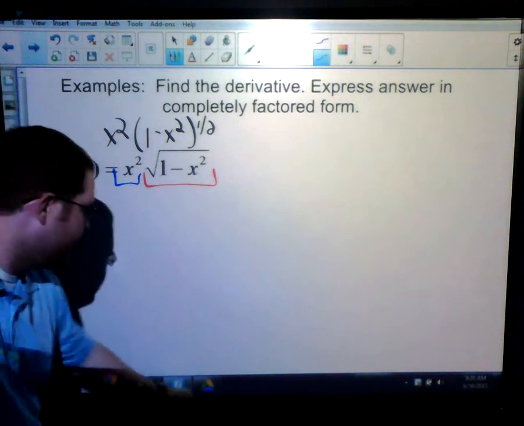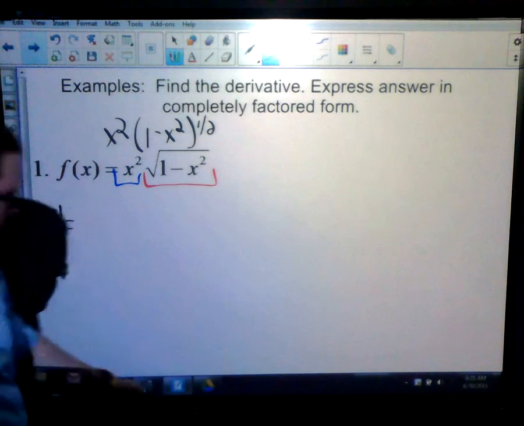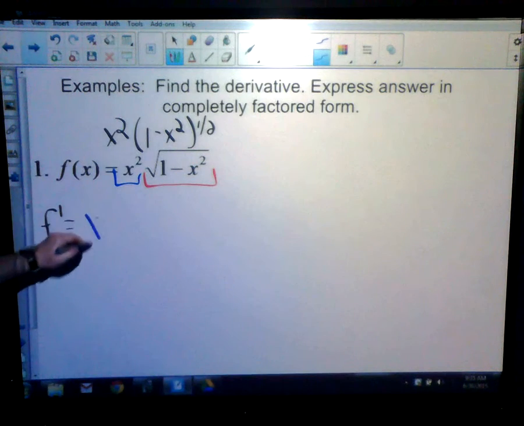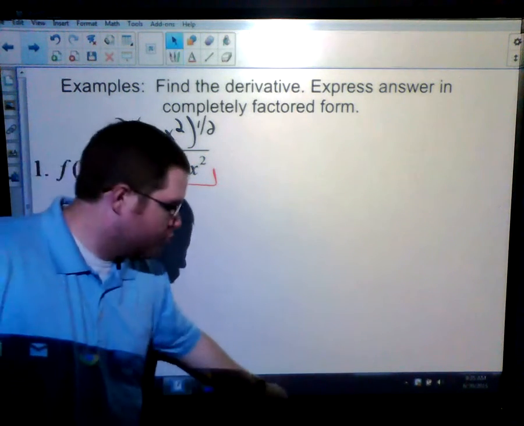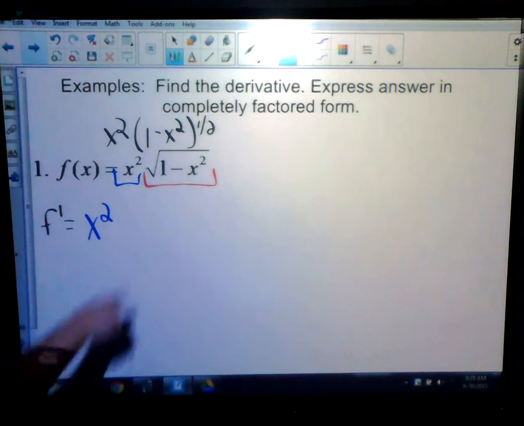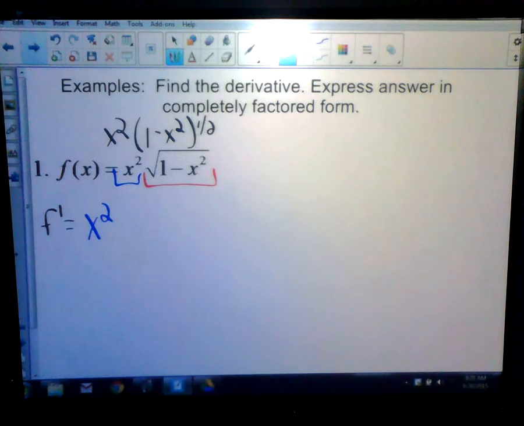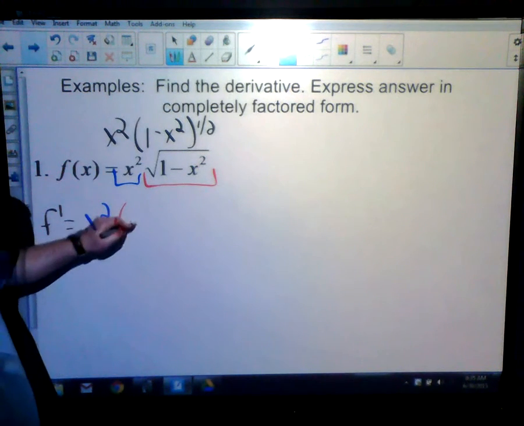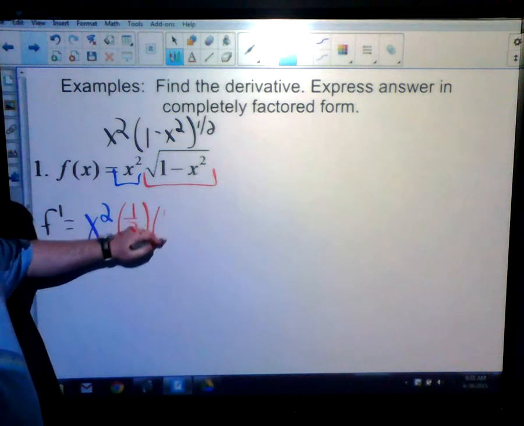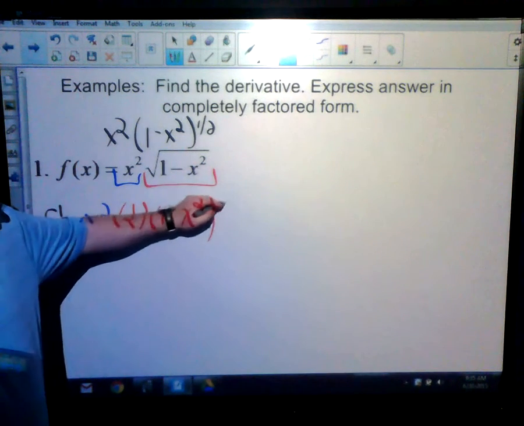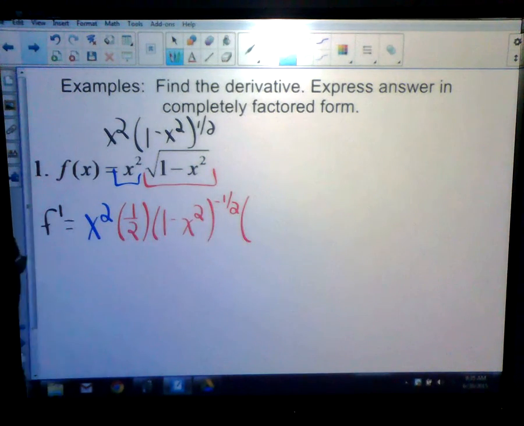Product rule says f prime equals first, derivative of second. But when I do the derivative of this thing, it's a chain rule problem. 1/2, inside stays the same, to the negative 1/2, times the derivative of the inside. Be very careful. What's the derivative of the inside?